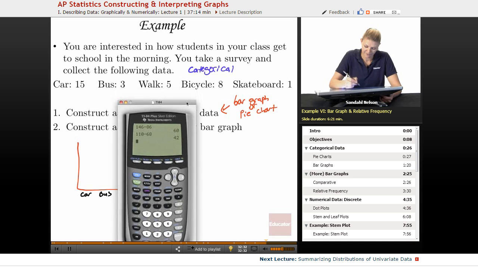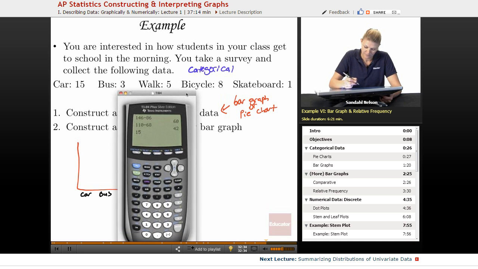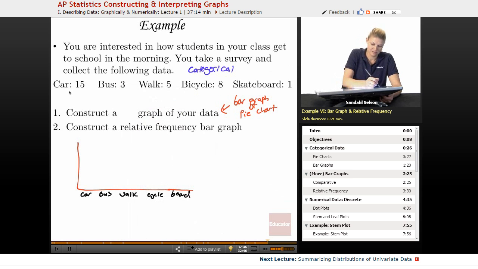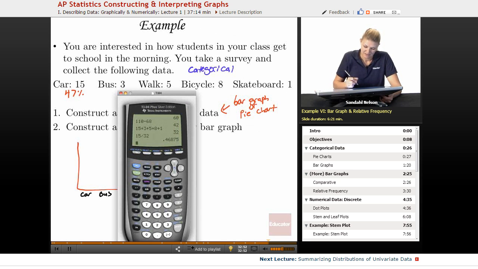So we have 15 plus 3 plus 5 plus 8 plus 1. So we have 32 students. So that means that 47% are riding in cars. And 3 divided by 32, so 9.4%.